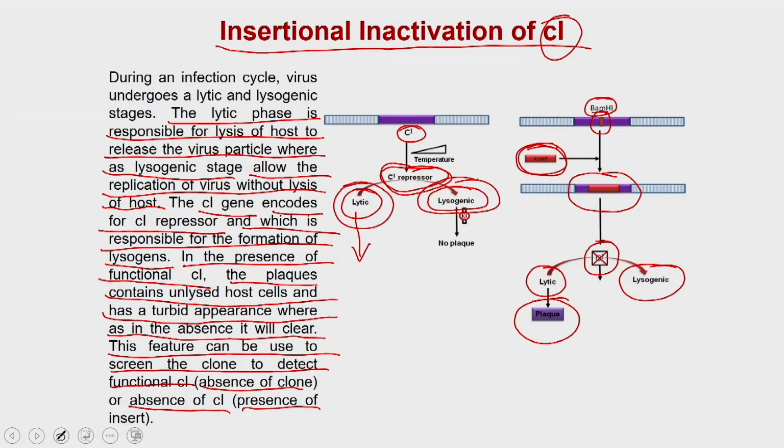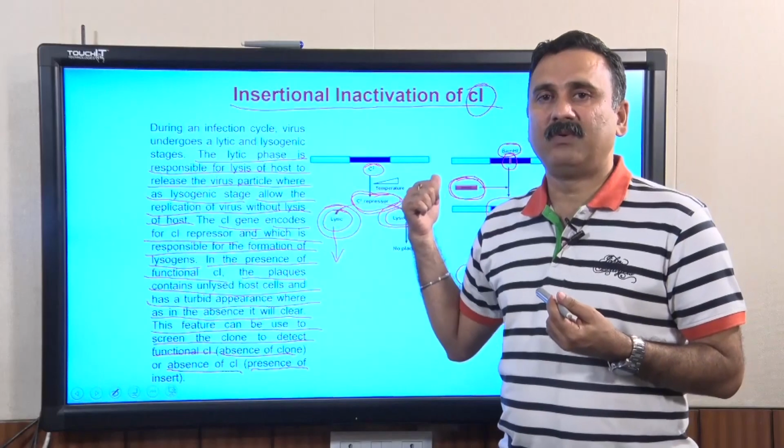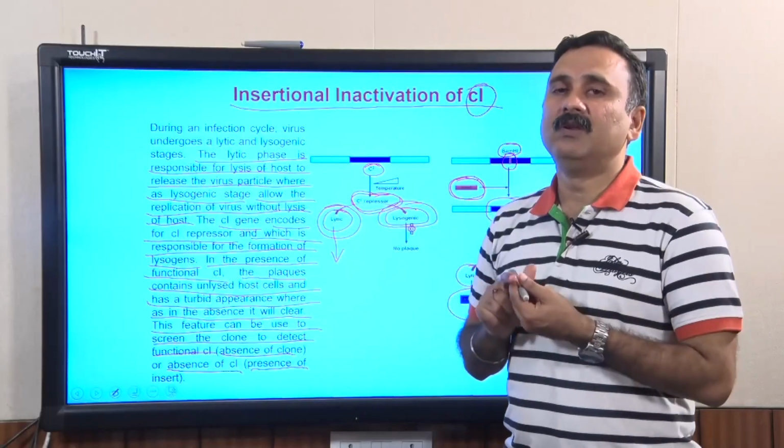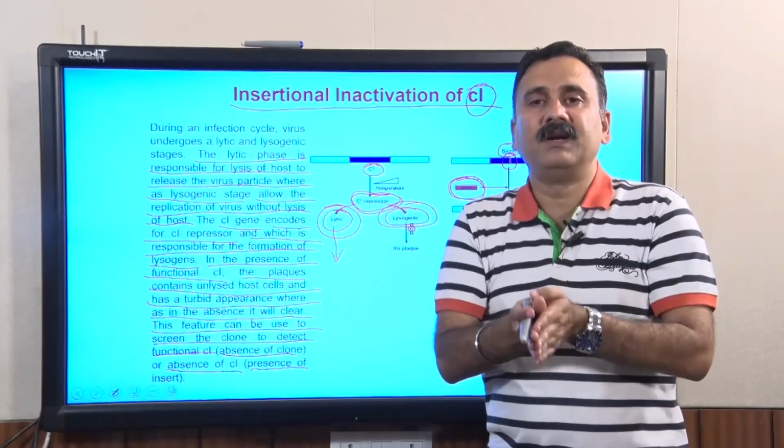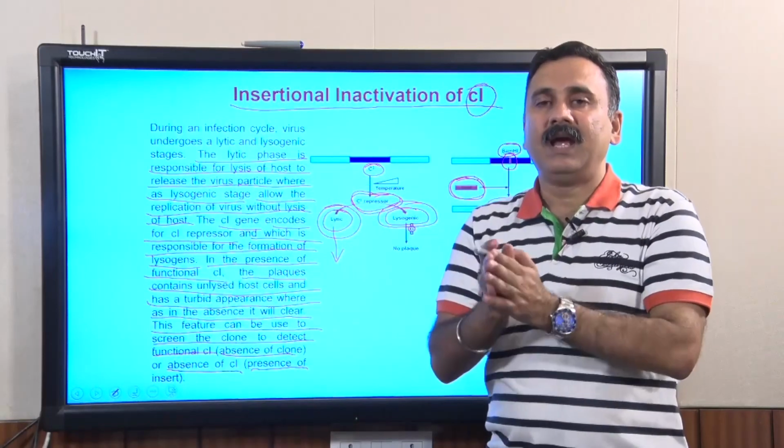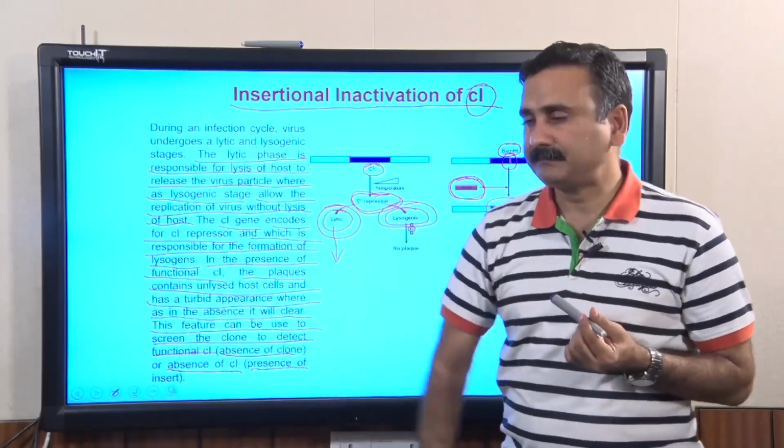So, if you see the formation of plaques after your cloning as well as the transfection using this particular type of vector, the viral vector, you will be sure that your insert is within the CI gene.